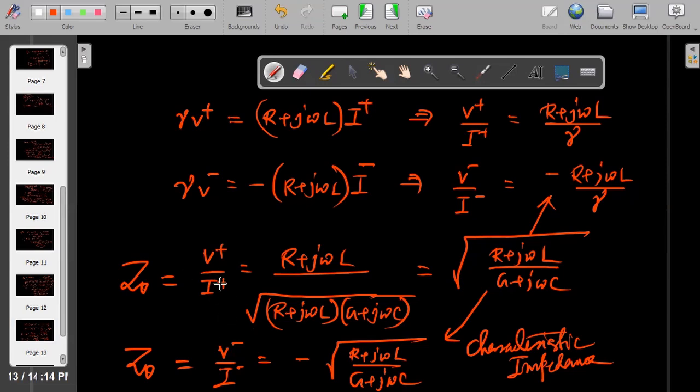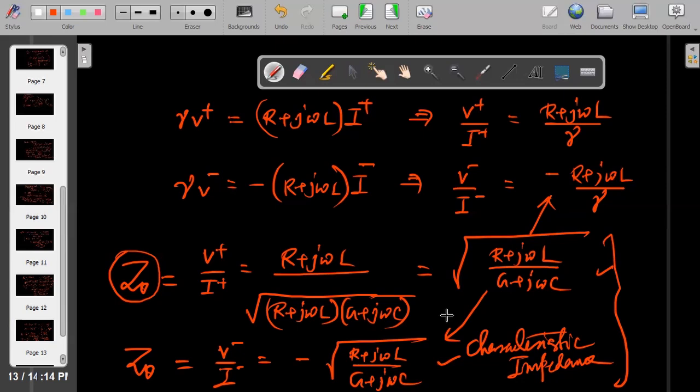And it is nothing but the negative of the ratio of the traveling voltage in the negative x direction to that of the current in the negative x direction. So that's why it is coming minus. So a very important relation. And it governs the energy flow of the transmission line. Where the energy flow will be there and how much energy flow will be there for the transmission line, this characteristic impedance will govern.